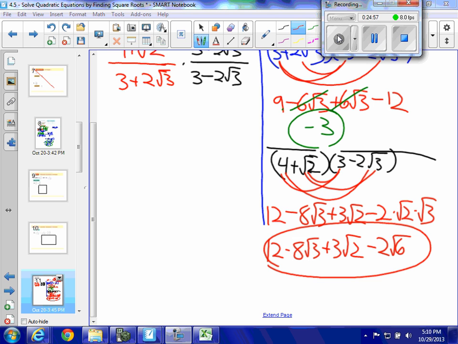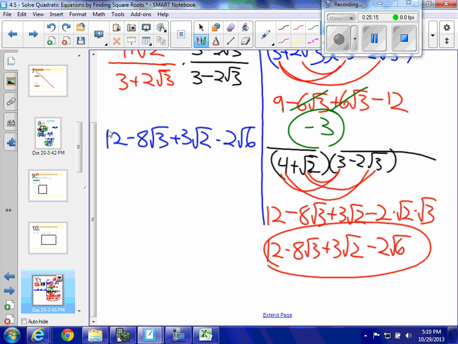So now I'm going to go back away from my scratch work. I'm going to go back to my problem, and I know what my numerator is. It is 12 minus 8 radical 3 plus 3 radical 2 minus 2 radical 6. And that's all divided by my denominator, which is negative 3.